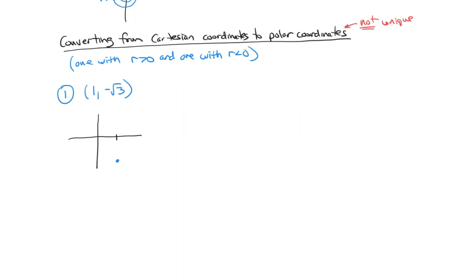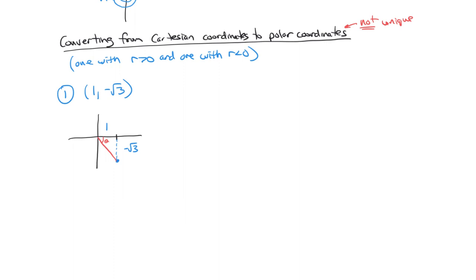So we basically have this is 1, and then the length of this would be the square root of 3. So I'll put negative square root of 3 because that's a point. And then what we're going to have to do is make an angle coming from here, right? So if we wanted to get there, we'd have this angle θ. We have this distance r, right? We'd have to find this r.